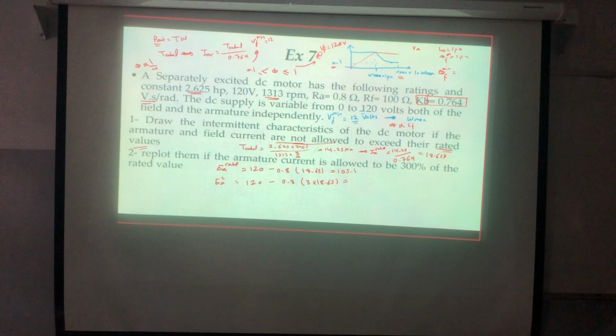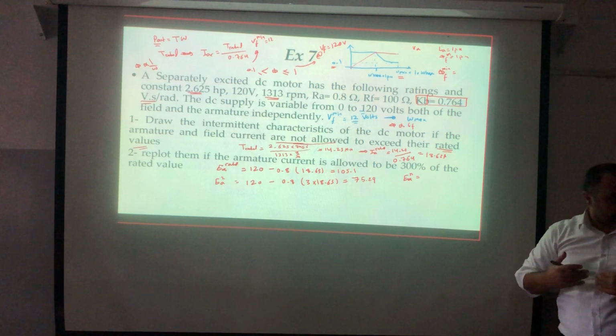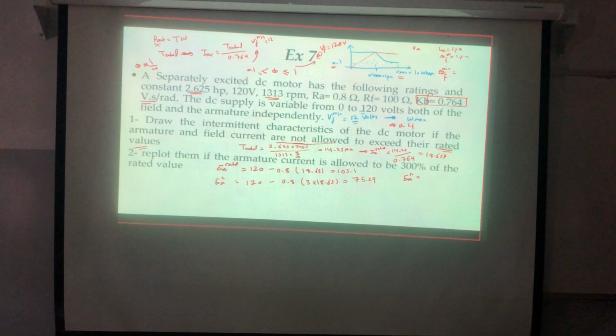If we do the math, this will equal 75.29. Good. So now, EA normalized equals what? You know the normalization in per unit: the actual value over the rated. So this will equal 75.29 over 105.1, and if we do the math, this will equal 0.716.